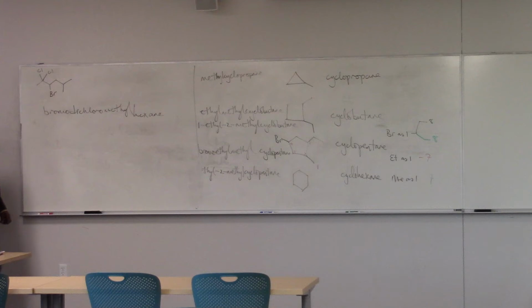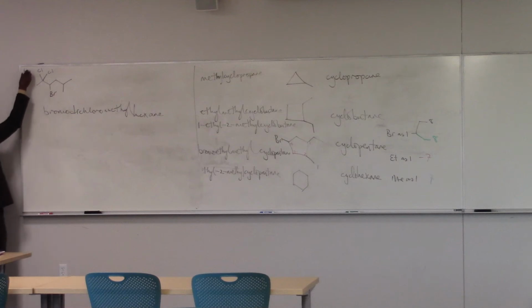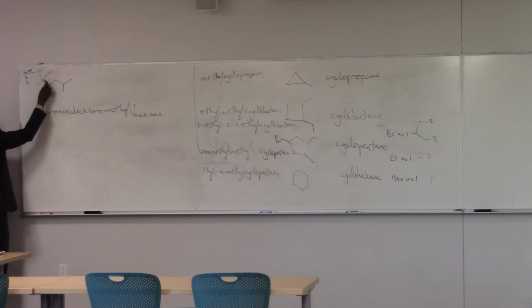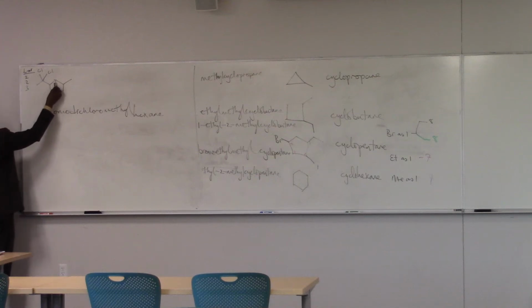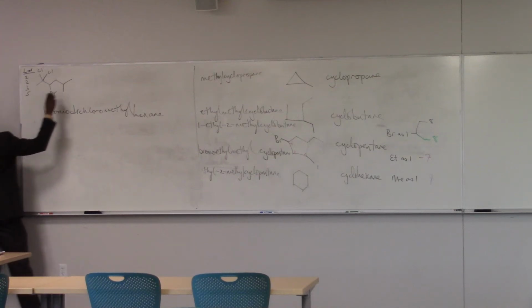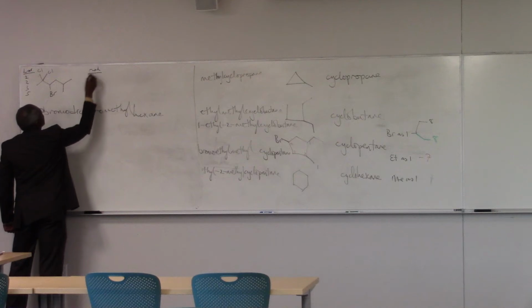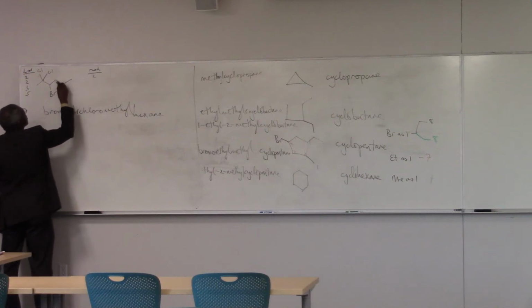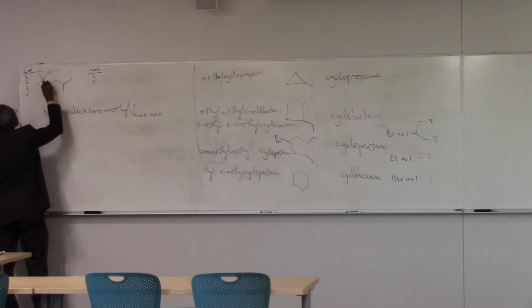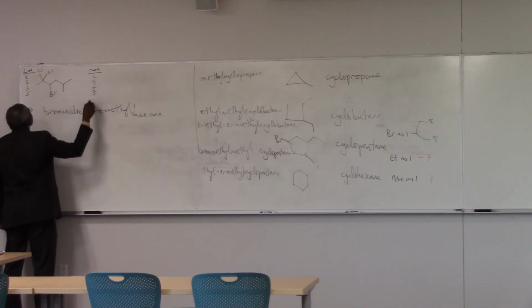I need locants. So if I number left to right, I'll have 2, 2. So 1, 2, 2, 3, or 5. If I number right to left, I'll have 1, 2, 3, 4, 5, 5. Clearly this should be bigger.